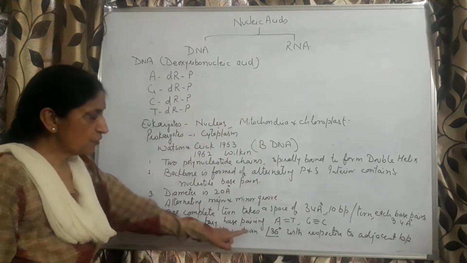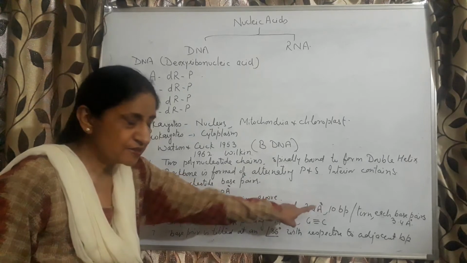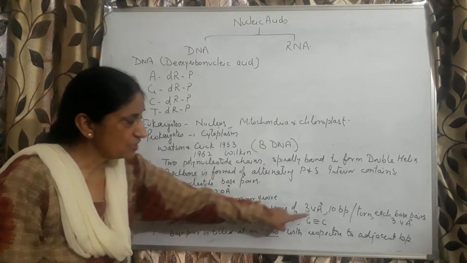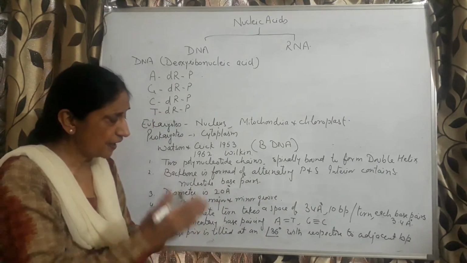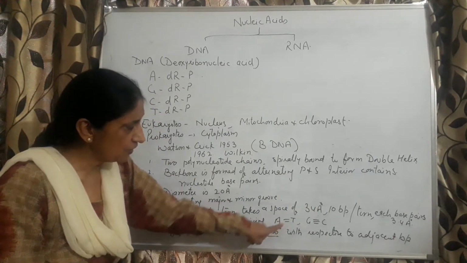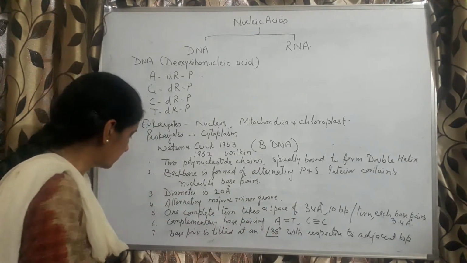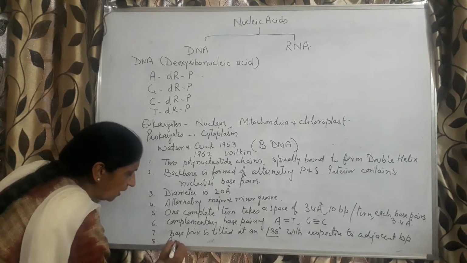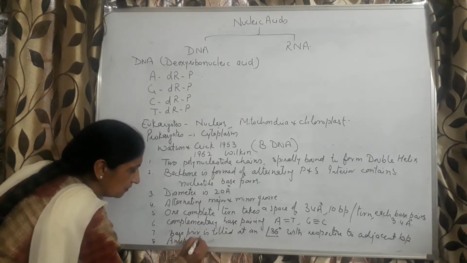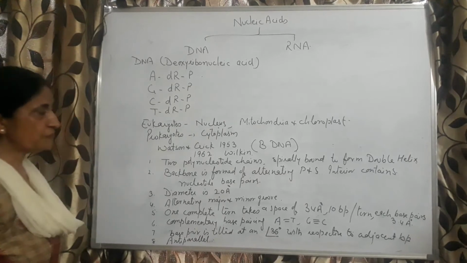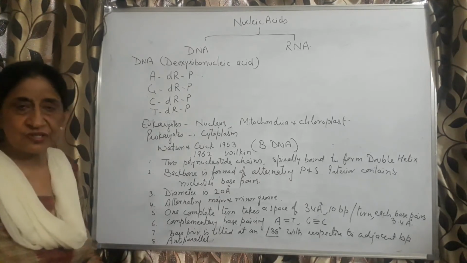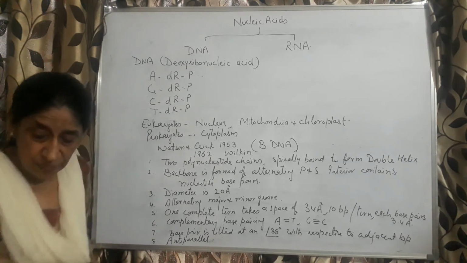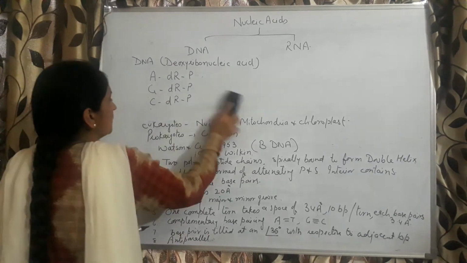That's why in one complete turn there are 10 base pairs, and each base pair is tilted at 36 degrees. It means 10 base pairs will get tilted by 360 degrees. Then the two polynucleotide chains are anti-parallel. Each point will be clear to you when we study the model. So these are the main points of the Watson-Crick model.